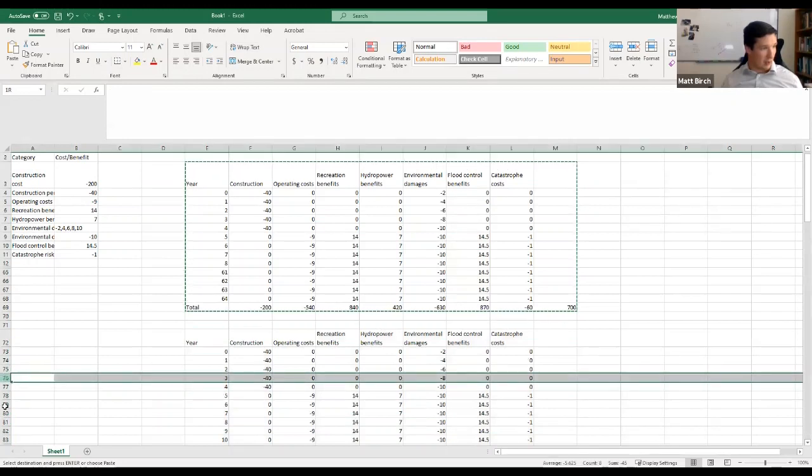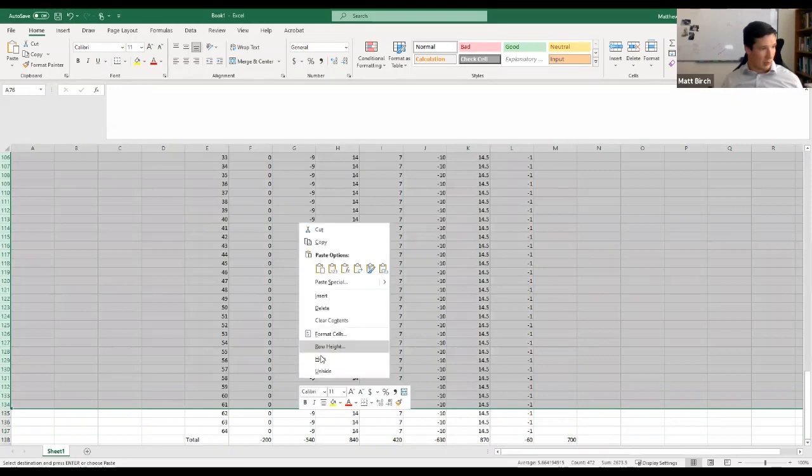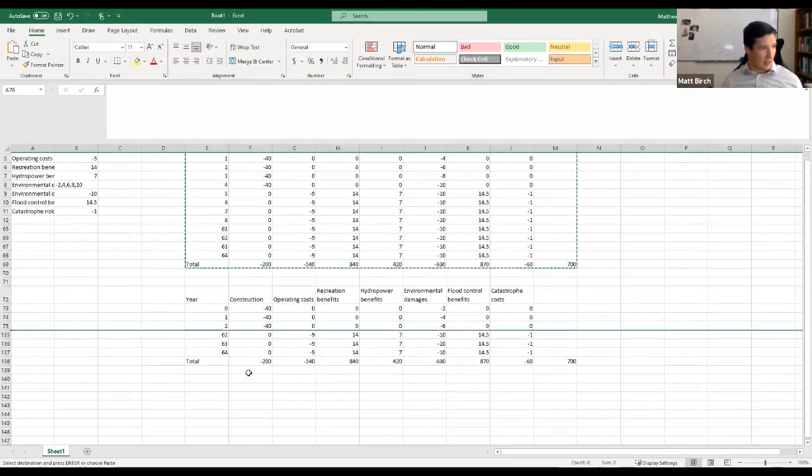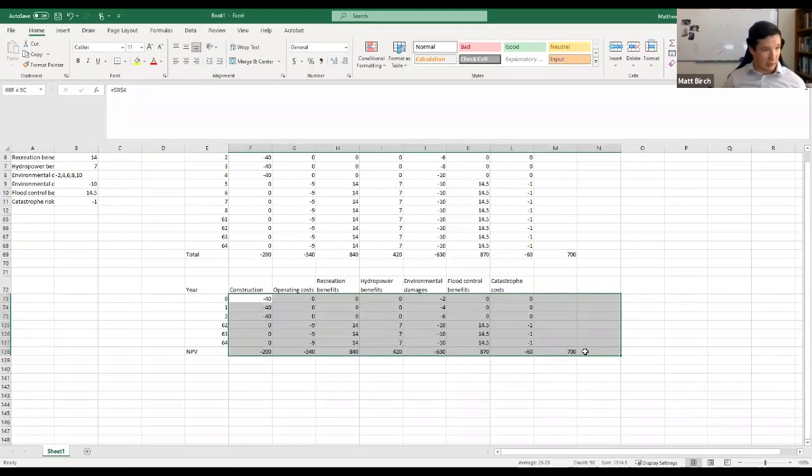Oh, man, I'm going to hide a whole bunch so we can see it all at once. And I'm going to call these NPVs for each variable. And we're going to start completely over.